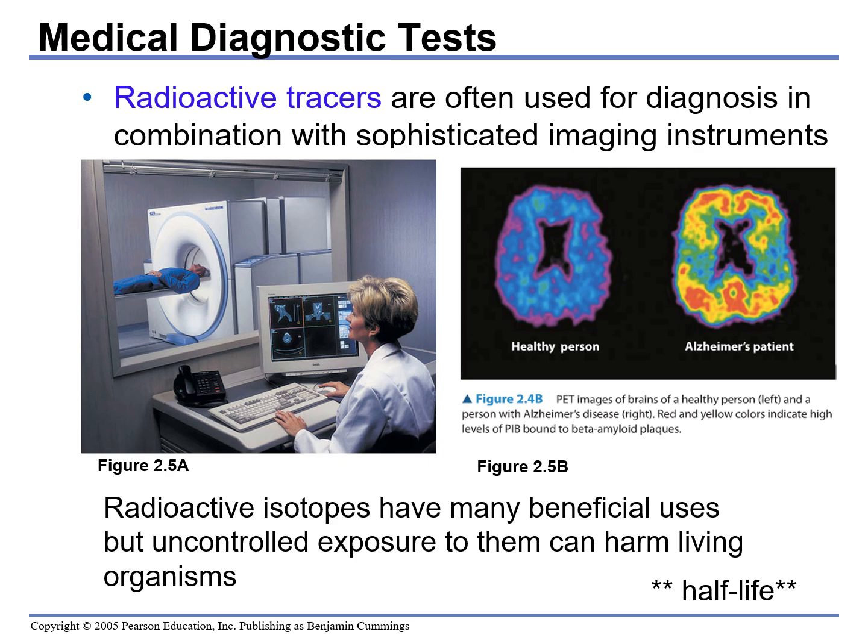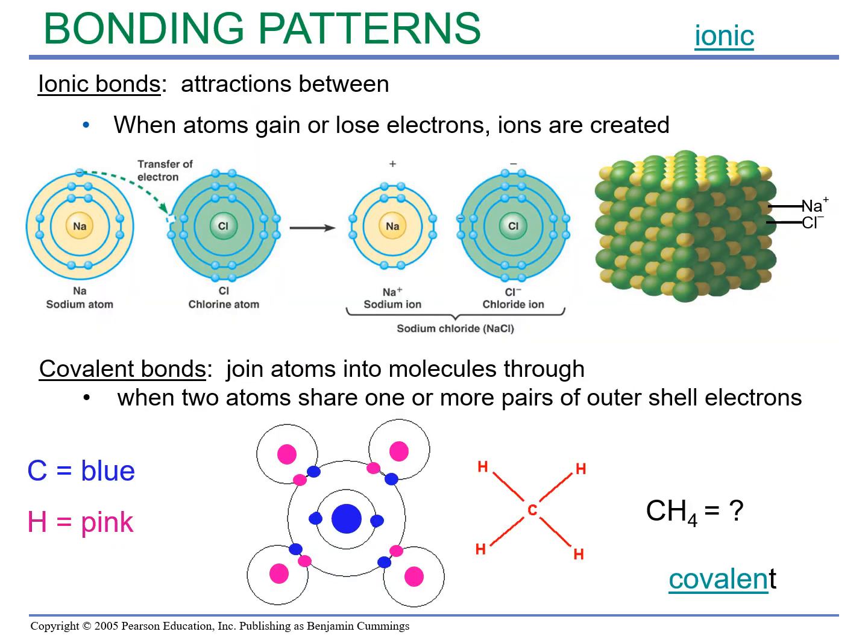So ionic bonds are attractions between ions of opposite charges. When atoms gain or lose electrons, ions are created. So here you can see an ionic bond.